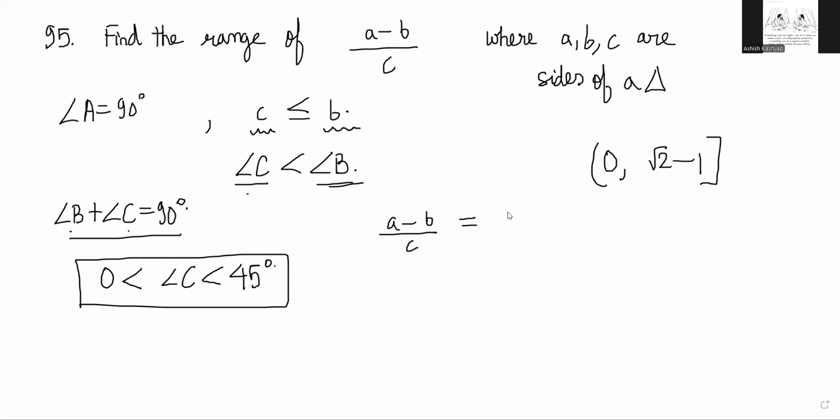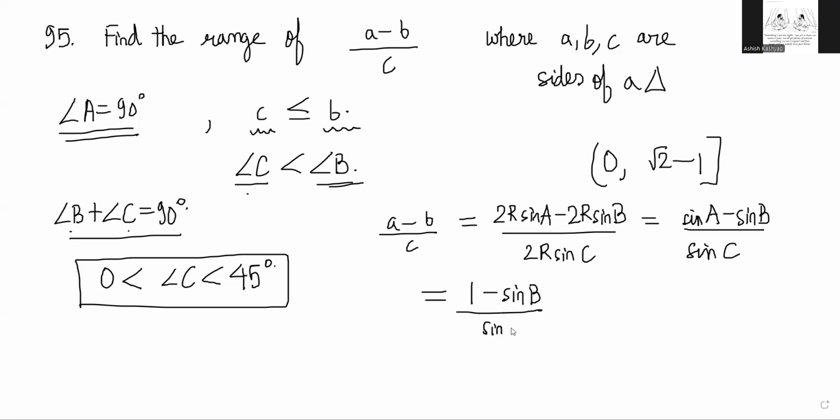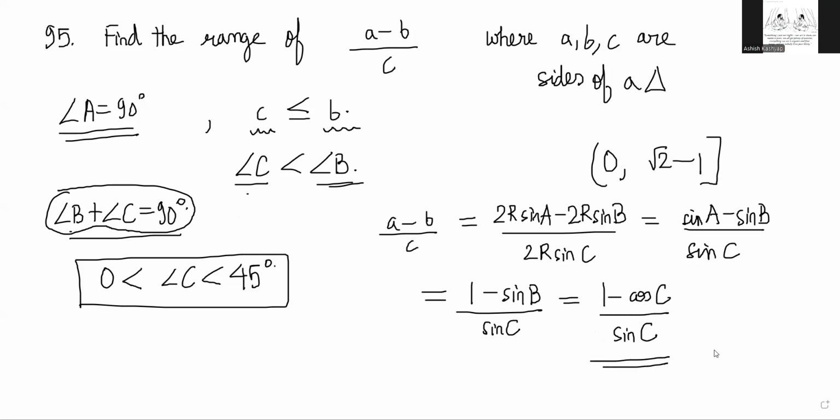By using sine rule, we can write it as 2r sine A minus 2r sine B by 2r sine C. So it will cancel all the 2r's and you'll get sine A minus sine B by sine C. But sine A is 1 because angle A is 90. And sine B can be written as cos C because these angles are complementary. So 1 minus cos C by sine C is coming. Now it is a single variable.